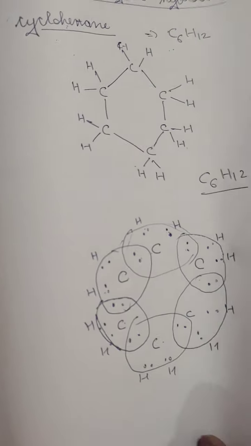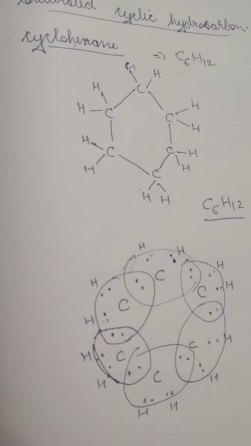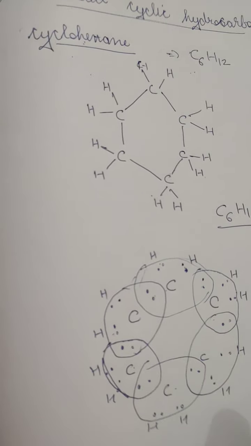If a question comes in your exams, you'd better go for cyclohexane because it's given in your book. Yes, cyclopropane can also happen, but it's not in your book, so better not to write these examples. Cyclohexane is very stable, but cyclopropane can also exist like this.